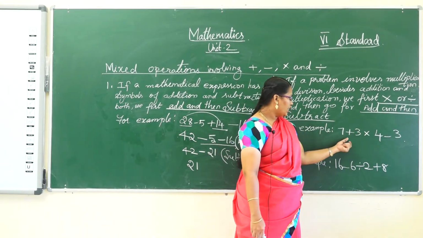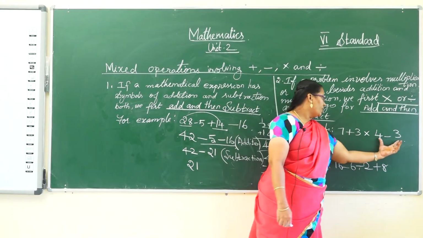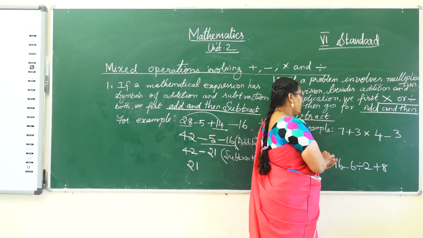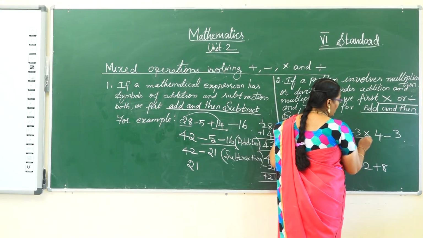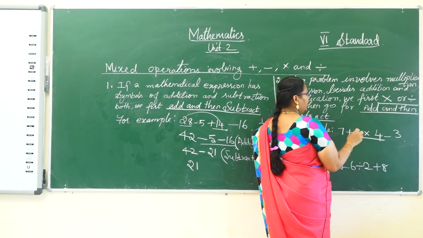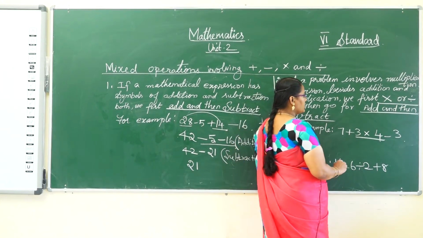For example, see here 7 plus 3, in between of these two there is a multiplication. Okay, this is the rule.